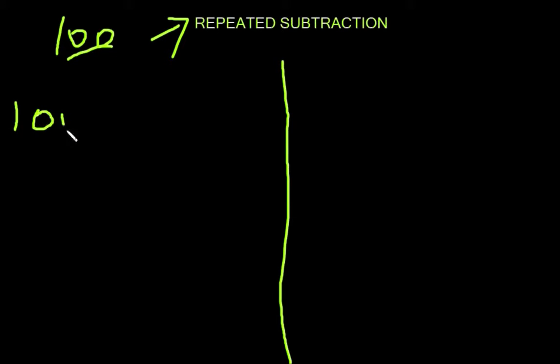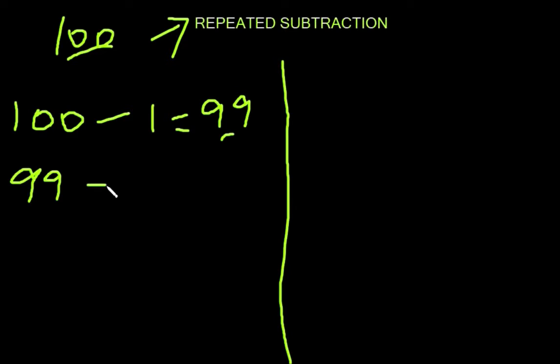The first odd number is 1. What is 100 minus 1? 99. Very good. Now I have to take this number 99 and subtract it, since it is repeated subtraction, with the next odd number, which is 3. What is 99 minus 3?